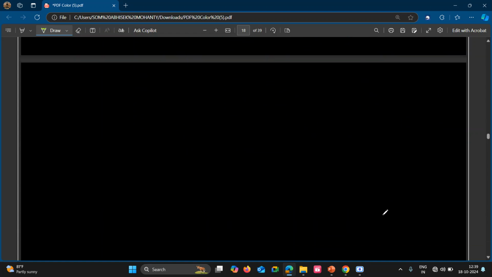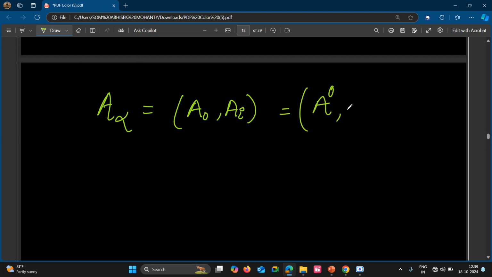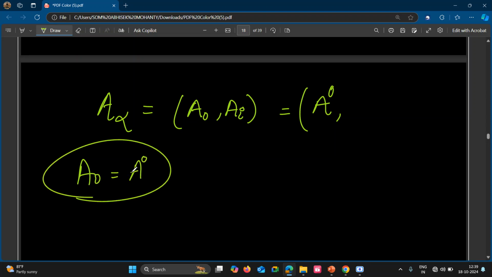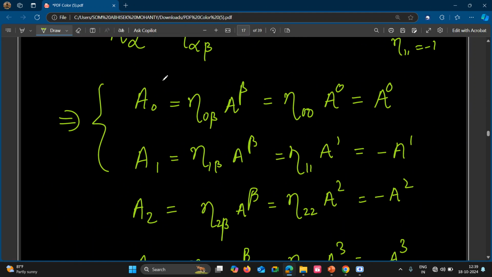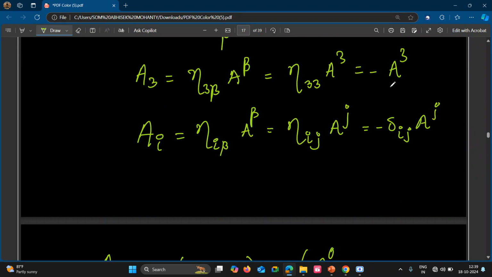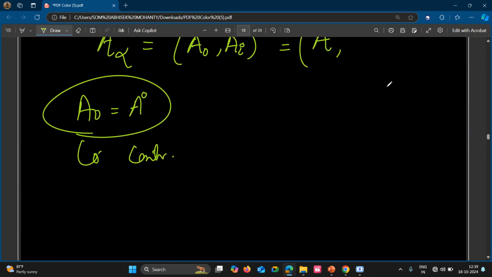But in this four-dimensional one, we can write A alpha is equal to what? A naught, AI. Okay, and we have done this so many times now. A naught, because we just proved A naught is equal to A naught. The transformation from co to contra remains the same for the zeroth component. Okay, for the zeroth component, it remains the same. But for the first, second, third component, it becomes negative.